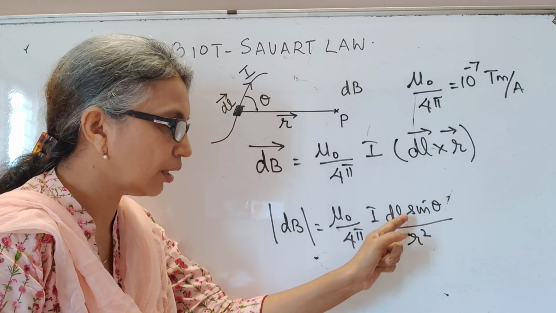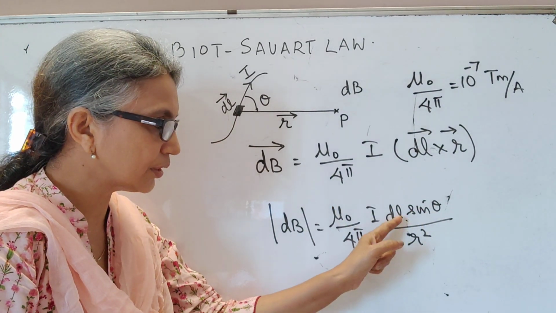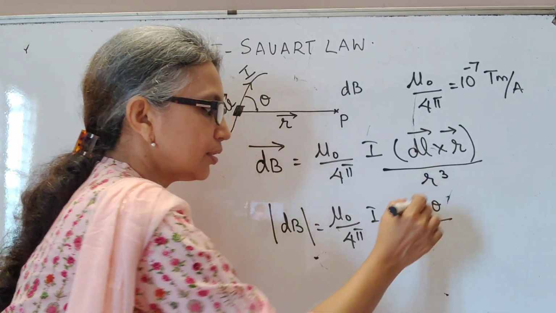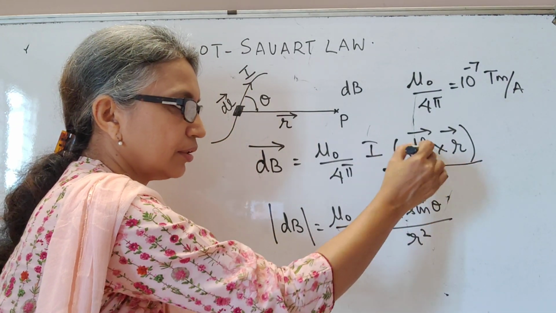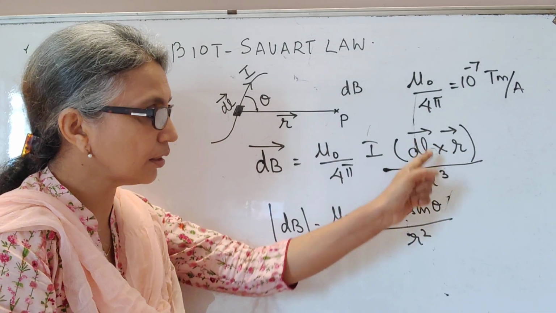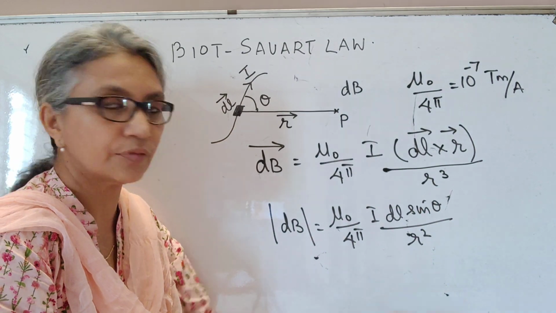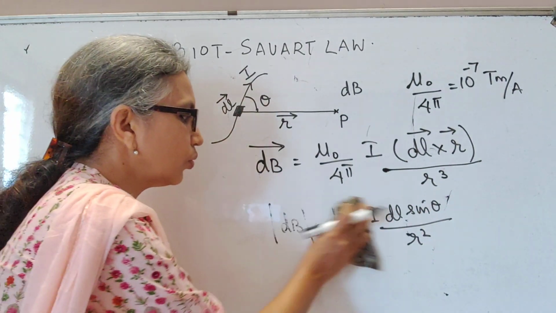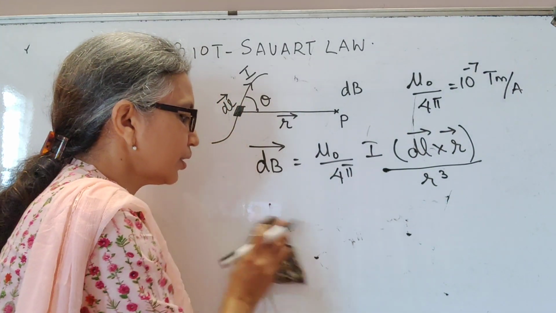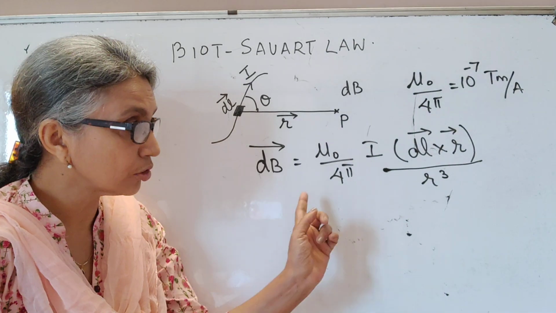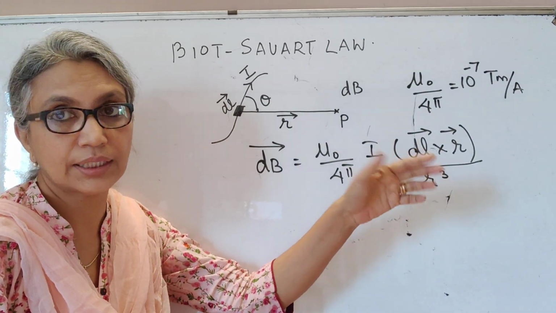So you'll have a dl r sine theta here, which means that r I need to make as r cube, so that this r and this r cube will get cancelled to give you this r square. So in the vector form, this is what you have. Now that means your resultant dB is going to be a vector quantity, and that too it is a cross product between dl and r.